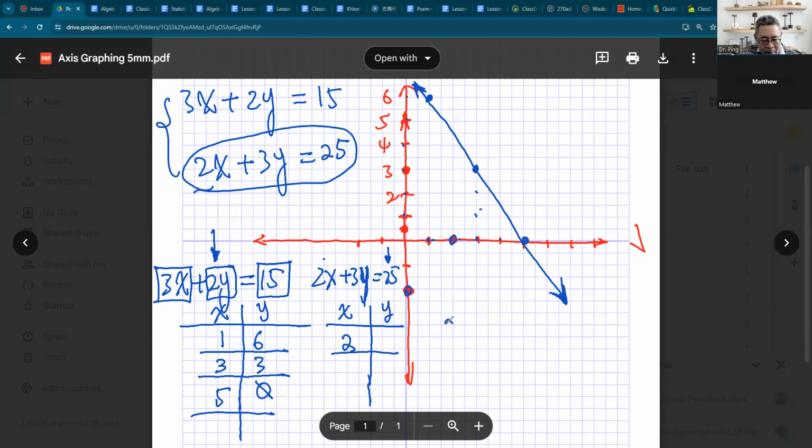Then 2 times 2 is 4. 4 plus 3y is 25, minus 4 on both sides, then 3y is equal to 21, then y is 7, right?